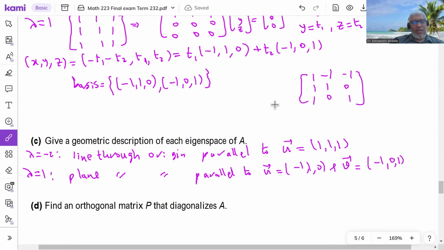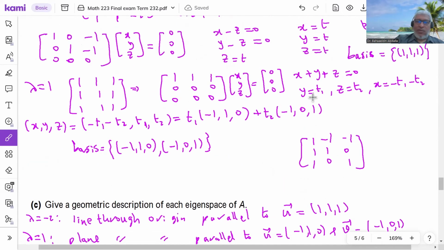But this matrix is not orthogonal. I need to make it an orthogonal matrix. To do that, all the vectors should be orthogonal and orthonormal. Orthogonal means their dot product, the standard inner product, is 0.